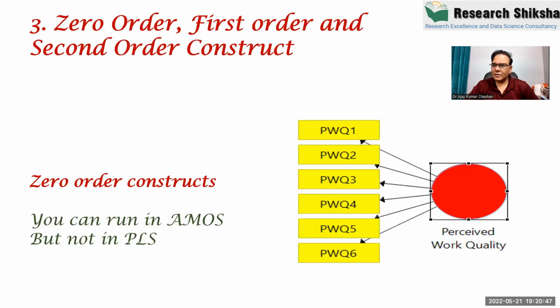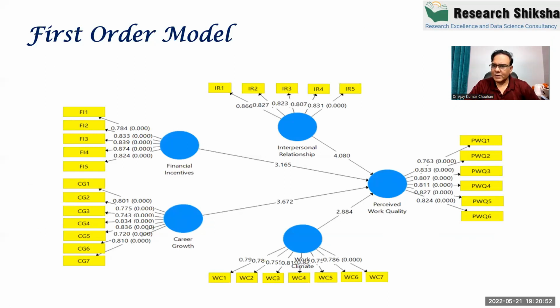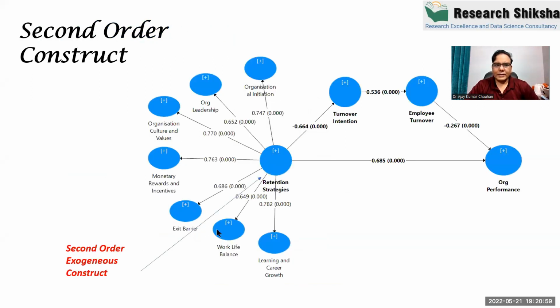So this single construct is a zero order, and the set of 2 or more than 2 zero order constructs is called first order. And in this case, if you see this diagram clearly, these are retention strategies.